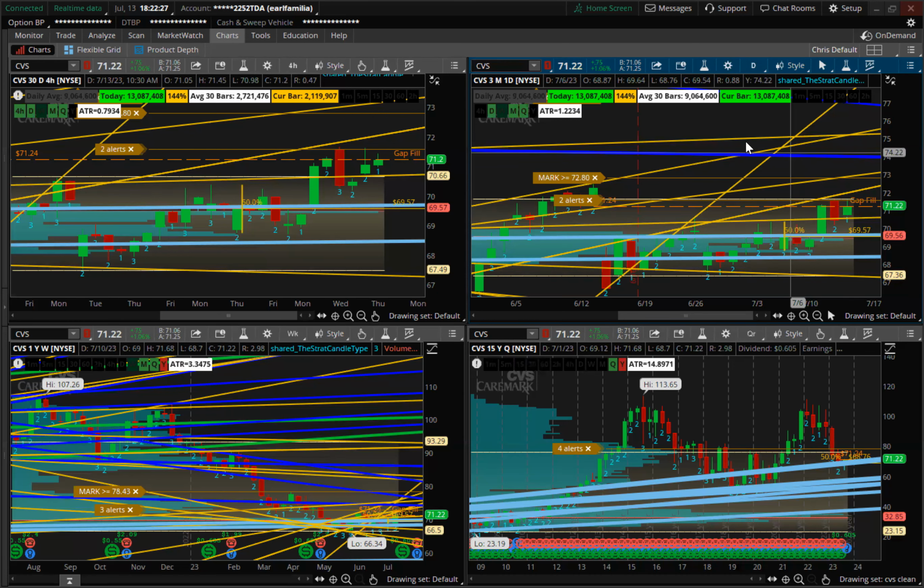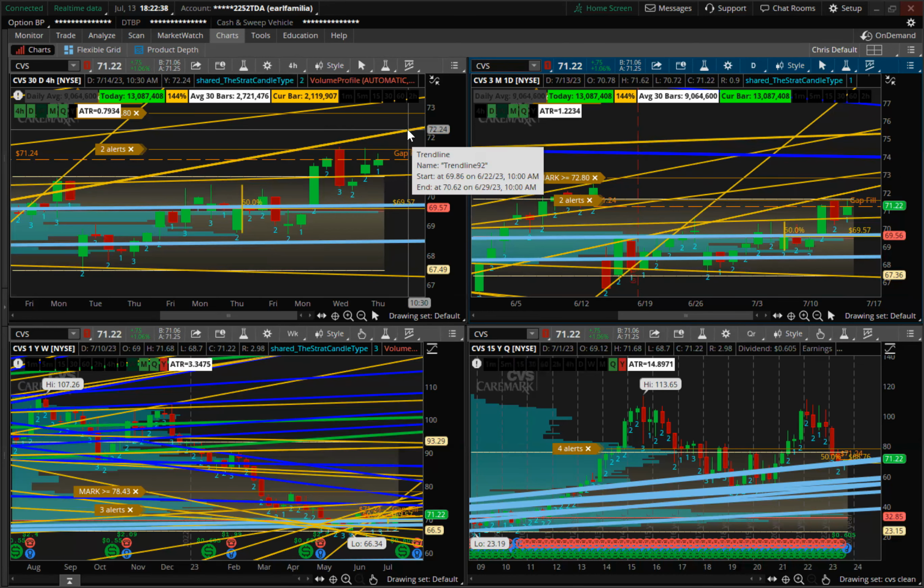So I'll be looking to see if we do get the trigger for the bullish continuation tomorrow. If we do, I'm looking at this thing to get up north of 72 bucks and test this broad information range right here. If I were you, I'd go throw it on the analyze tab and see what 72.10 looks like, or plot some different price points around that 72.10 level to see what that payout would look like.